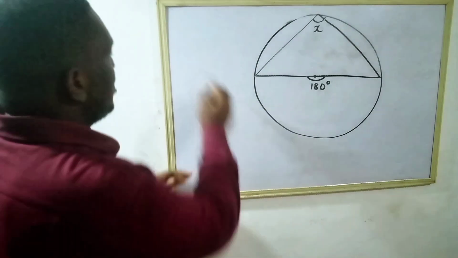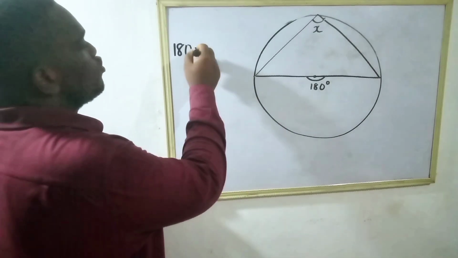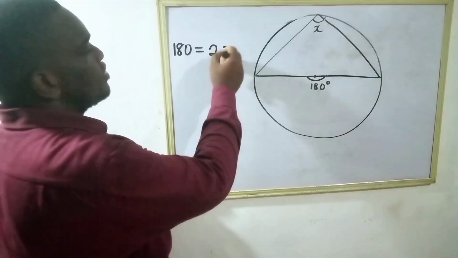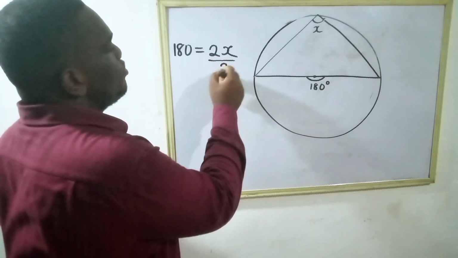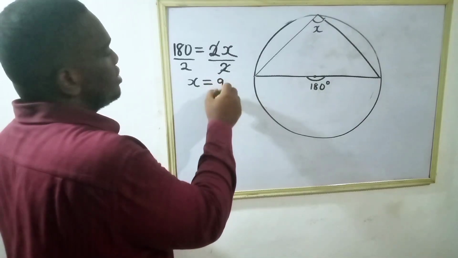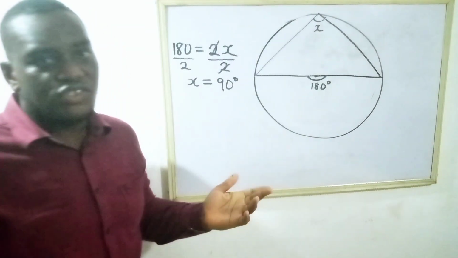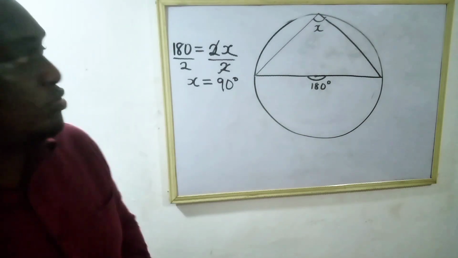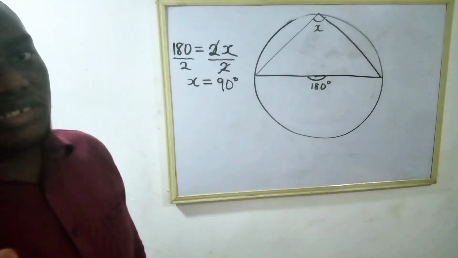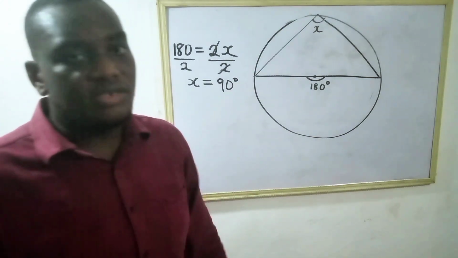So 180 degrees being the angle at the center, it is going to be 2 times the angle at this point on the circumference. When I divide both sides by 2, x becomes 90 degrees. And this is an implication of Theorem 2. What is that implication? In a semicircle, the angle is always 90 degrees.